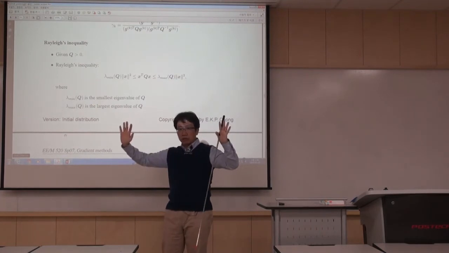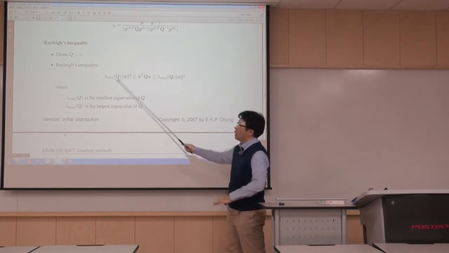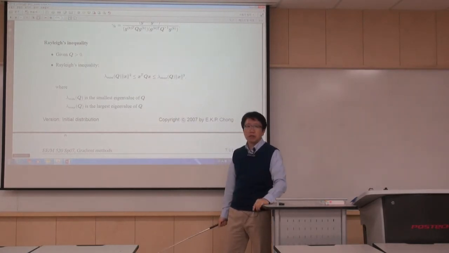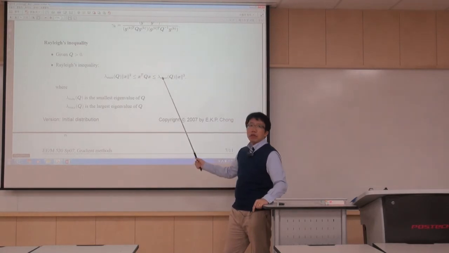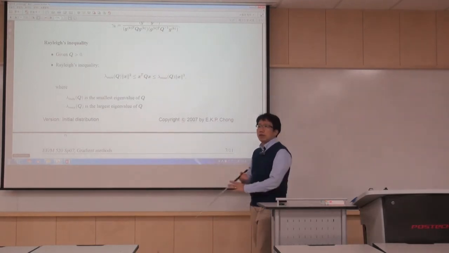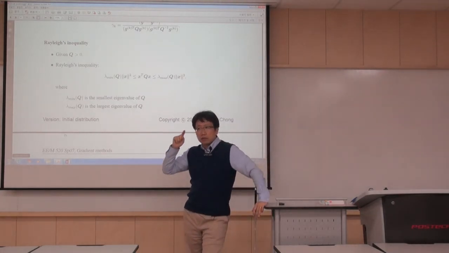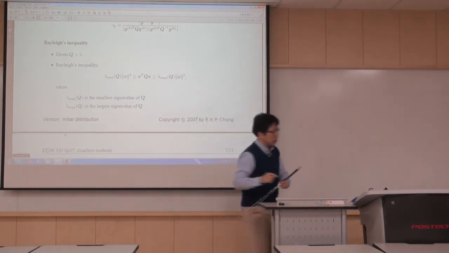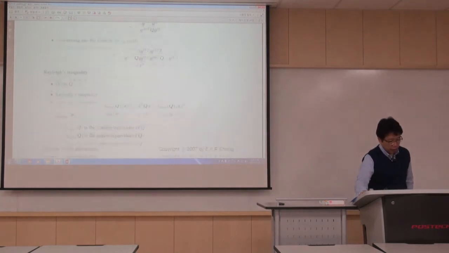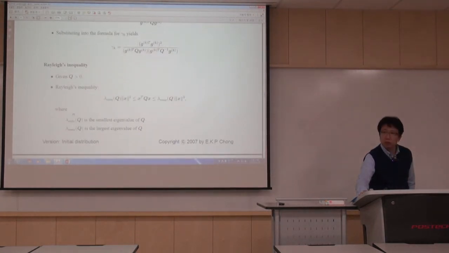So the quadratic form has upper and lower bounds in terms of the maximum and minimum eigenvalues. Got it? We are going to use this Rayleigh inequality to show that gamma sub k is greater than 0, and less than or equal to 1 for all k.